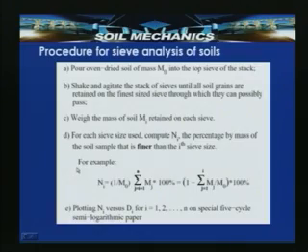So, the procedure involves taking a dry mass of soil and placing it in a sieve shaker and shaking for about 10 minutes, so that the particles are agitated and segregated into a number of sieves, and collecting the mass of the soil which is retained in each sieve.